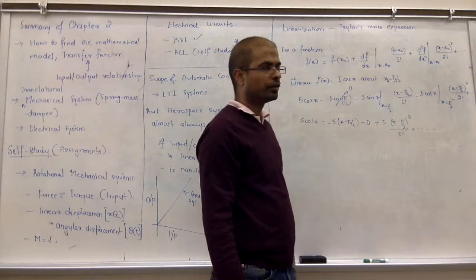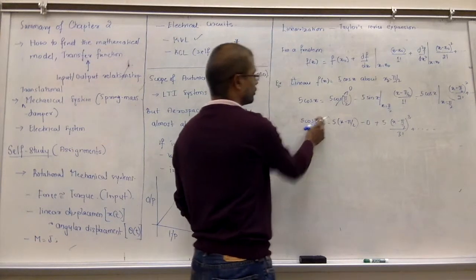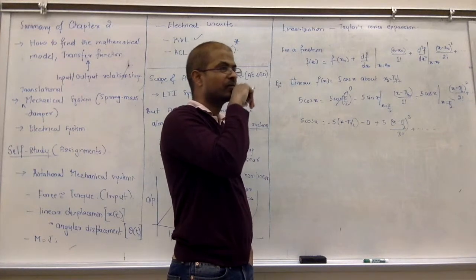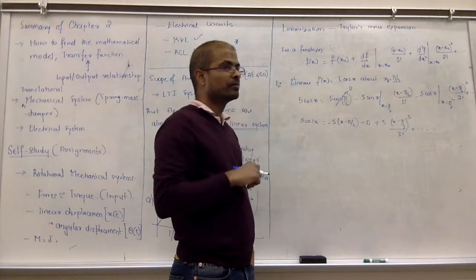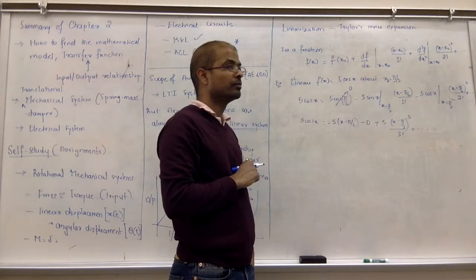If you substitute values for x, it's x minus pi over 2 to the power 2n plus 1, over 2n plus 1 factorial.